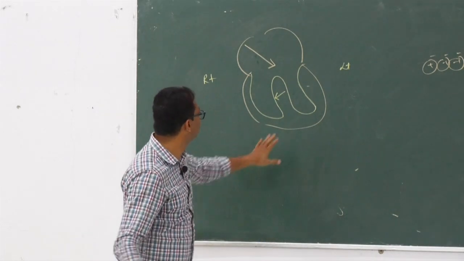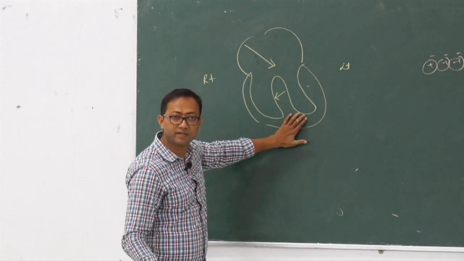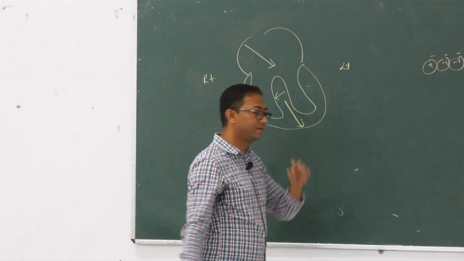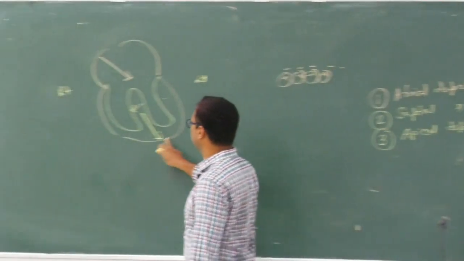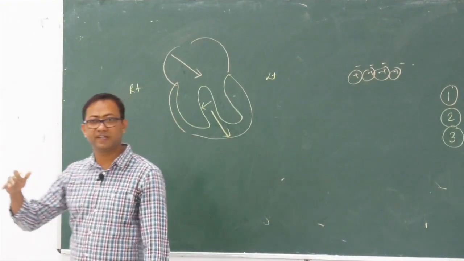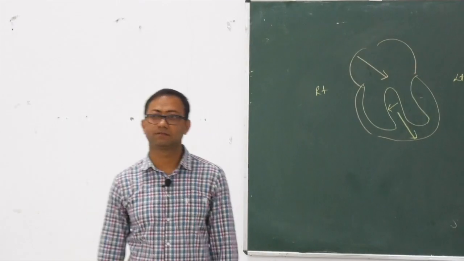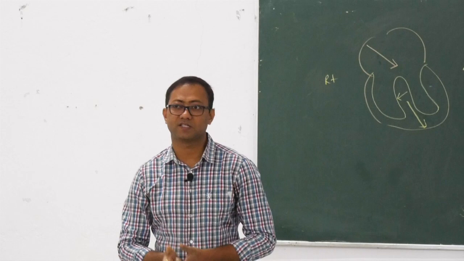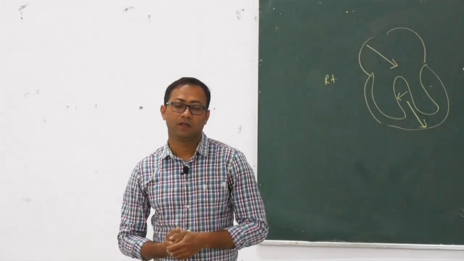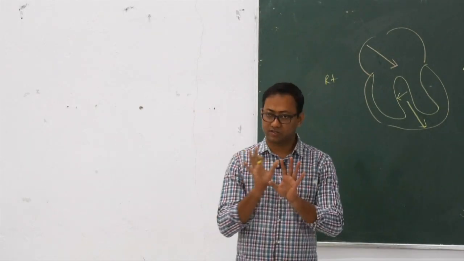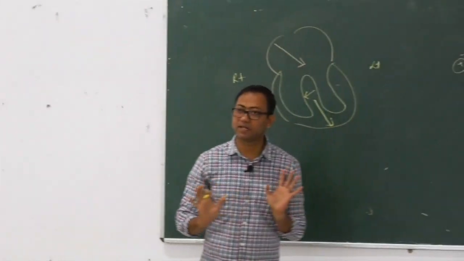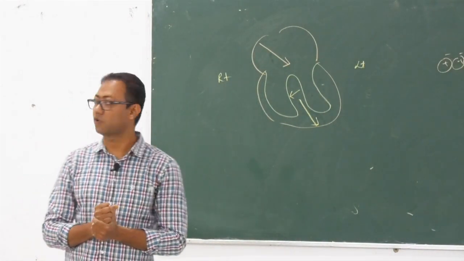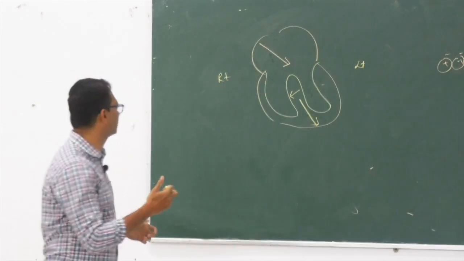Apex of heart means this one. So the apical vector is definitely stronger than the septal vector, because the ventricular apex has lots of muscle mass. Apical vector is stronger than septal vector.